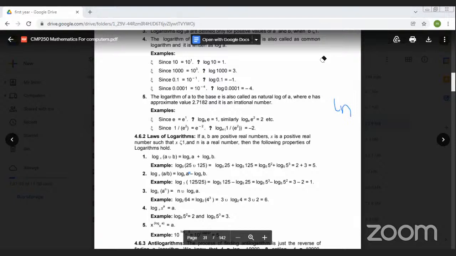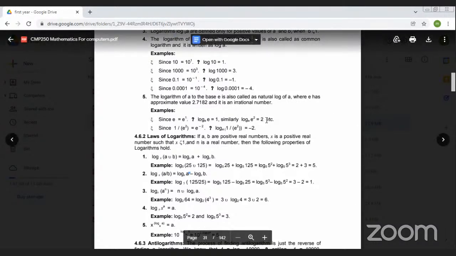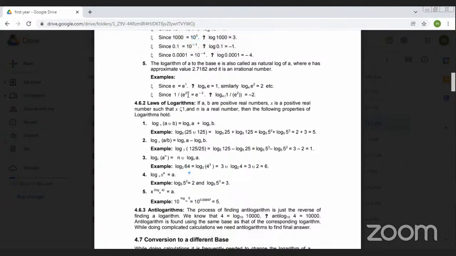It is the natural log symbol. But if we are going by your textbook, you need to write log e. Similarly here also, if you have e squared, it will be 2. Now, if it is in power of -2, again it will be -2.